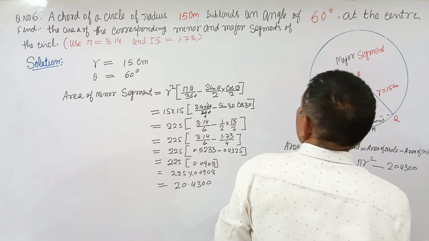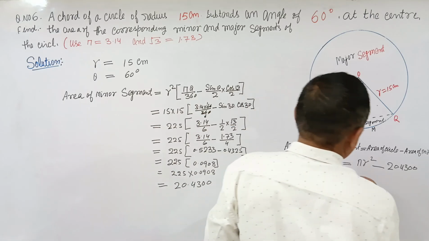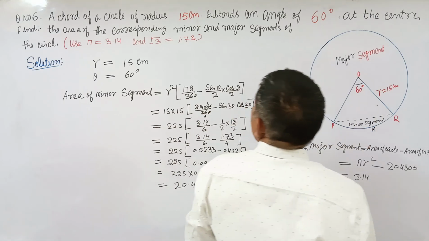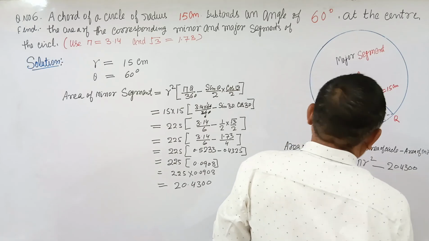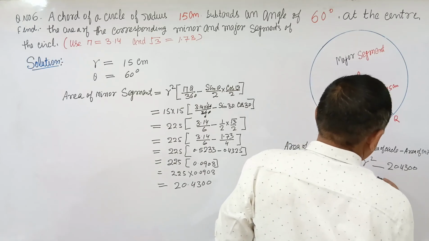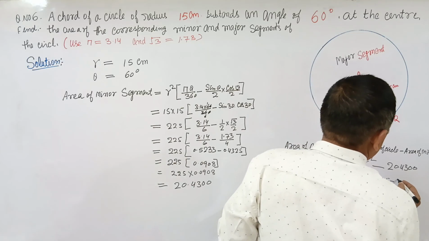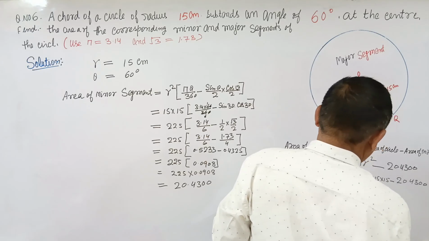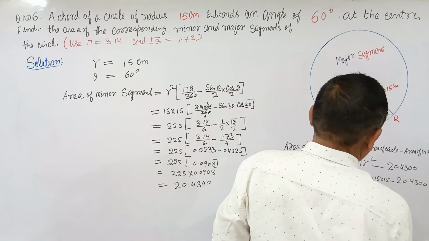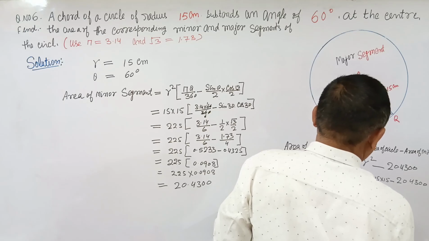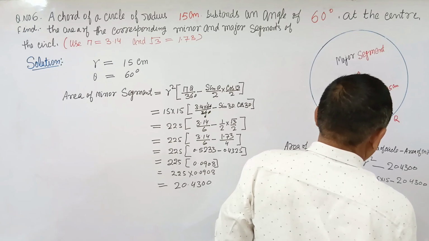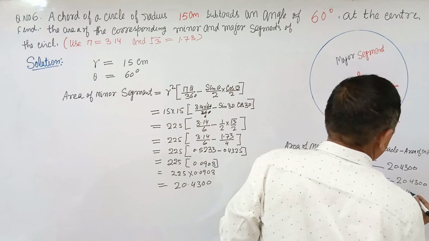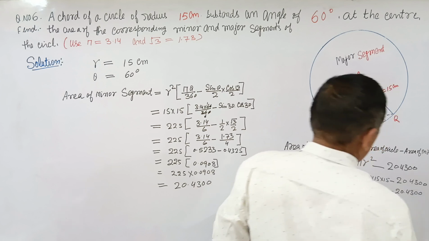So pi is 3.14 into r square, 15 into 15, minus 20.4300. So this will become 3.14 into 225 minus 20.4300.